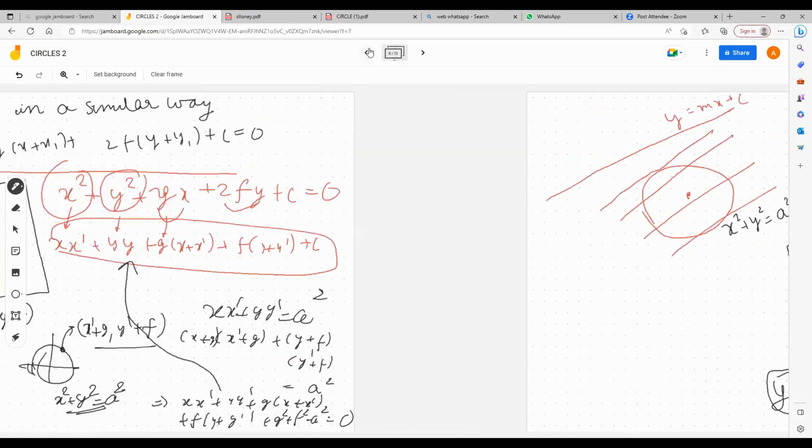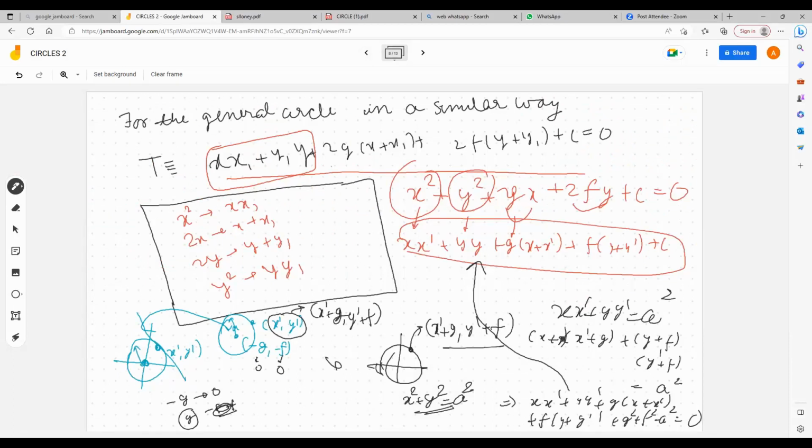Here we need to know why we are doing it as x plus g and y plus f. It may be clear why we are putting x prime plus g and y prime plus f. But we should also know why we are using x plus g. We are using it because this x was with respect to this, but what we need to find is the x with respect to this one.